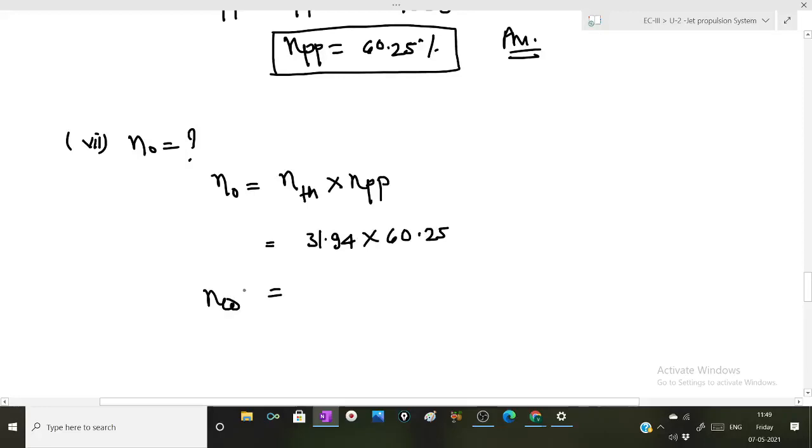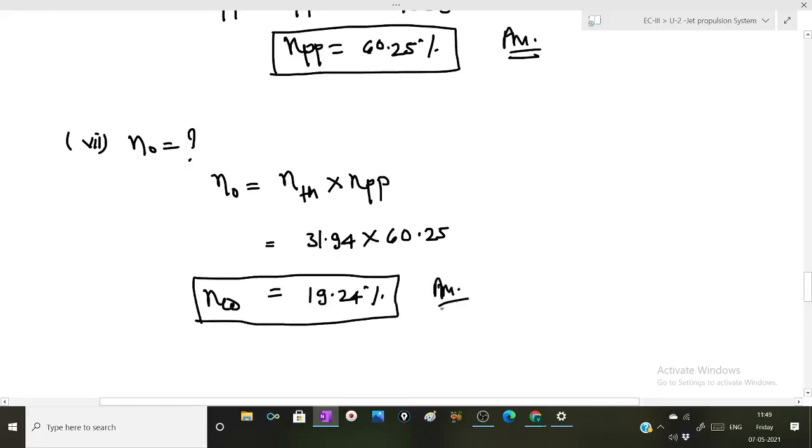Overall efficiency comes out 19.24%. So this is overall efficiency. So this way you can calculate different performance parameters related with turbojet engine.